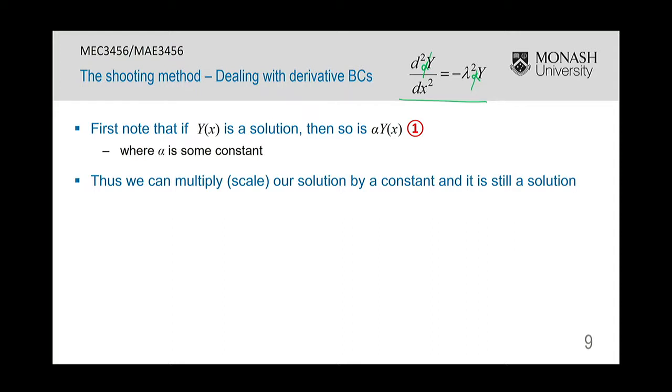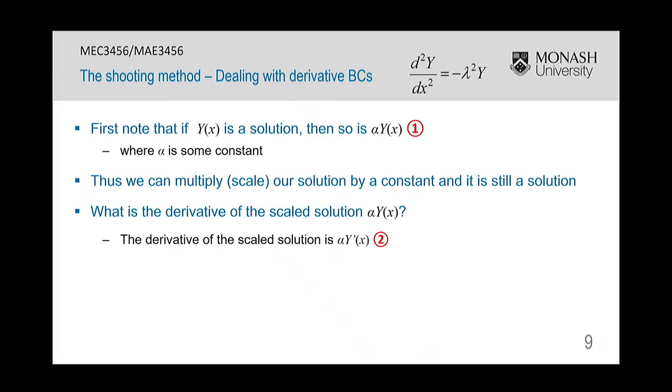What that means is we can multiply or scale our solution by a constant and it's still a solution. If we scale our solution by alpha, what's the derivative of the scaled solution? Well, it's just equal to alpha times y dashed.